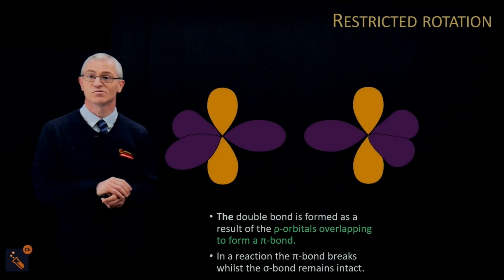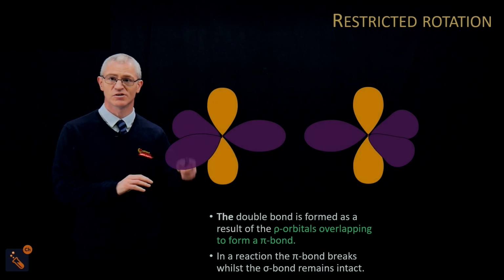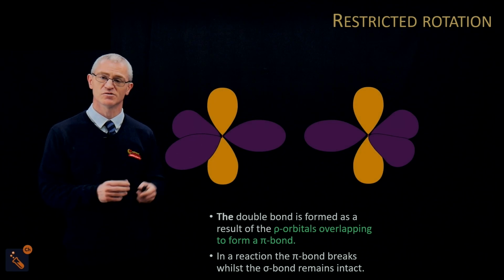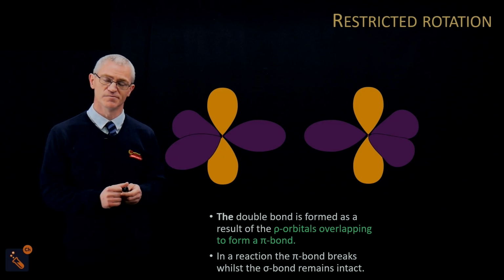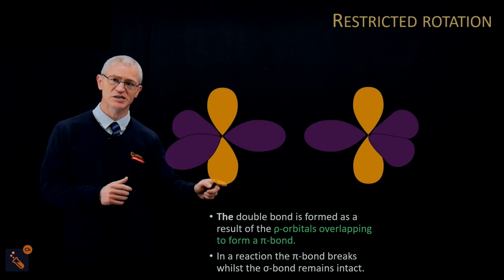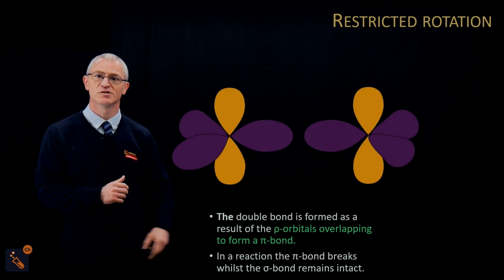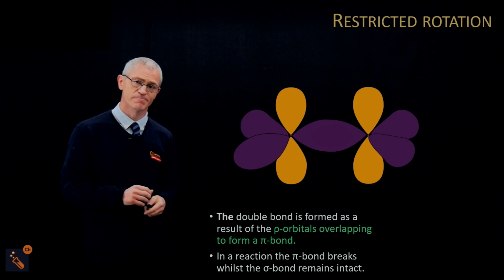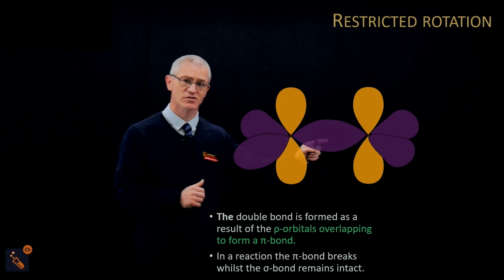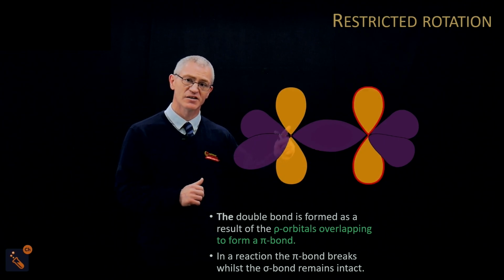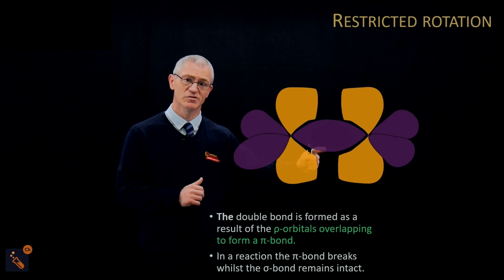Now, why does this work? Here you have a general picture of the orbitals that are around each carbon. And we've got one of these p orbitals here. You can remember the shape of a p orbital. The shape of the p orbital is a dumbbell. And you can see the overlapping of these orbitals. And here is your sigma bond, which is your single bond.